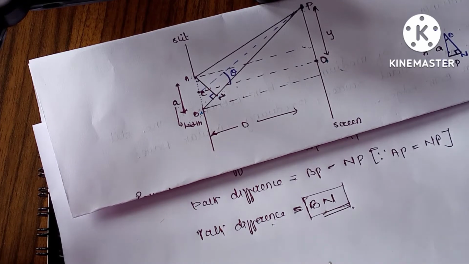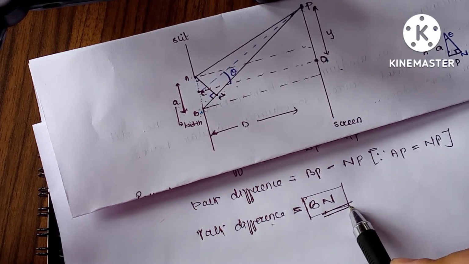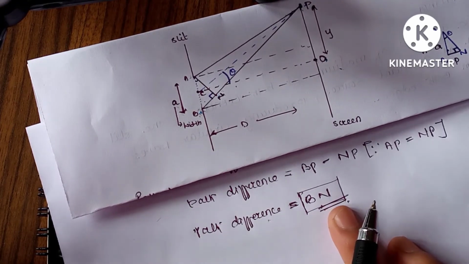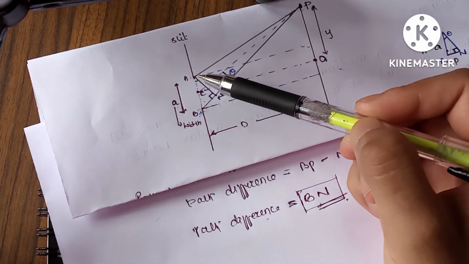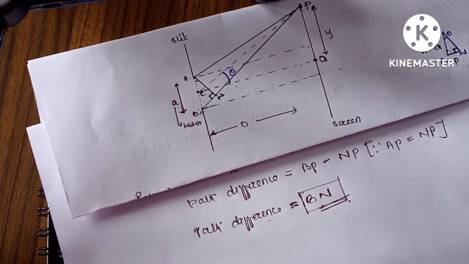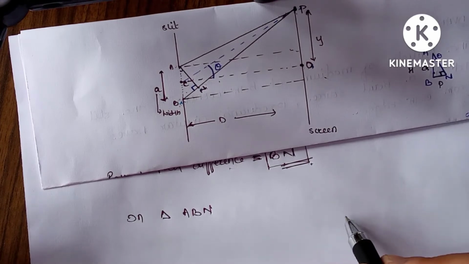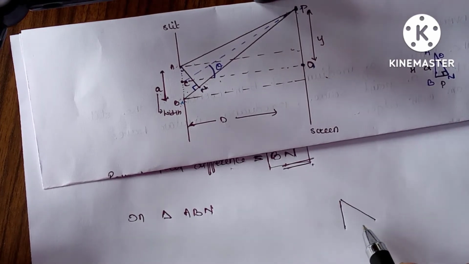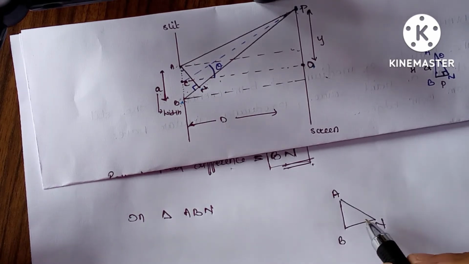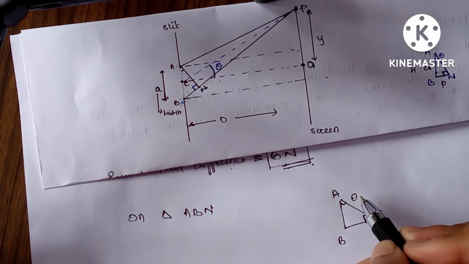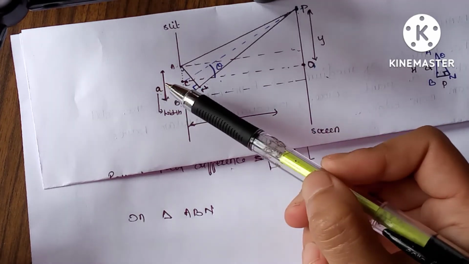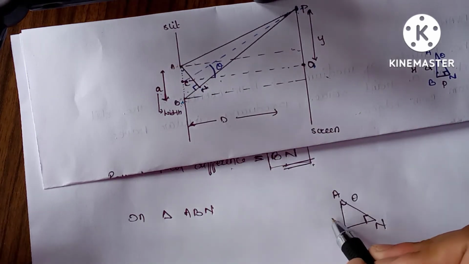Now we should find the value of BN. While finding the value of BN, we have to look at the triangle ABN. So in triangle ABN, I'm going to draw the diagram. This is A, this is B and this is N. This is a perpendicular line and this is the angle, called theta, and AB is given by small letter a.